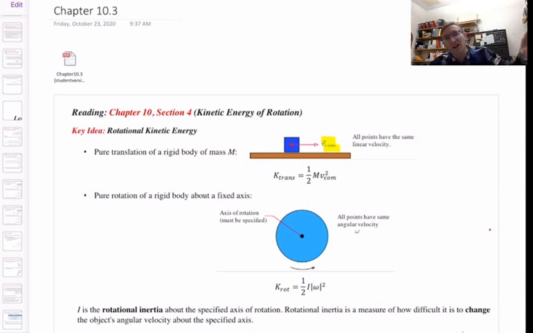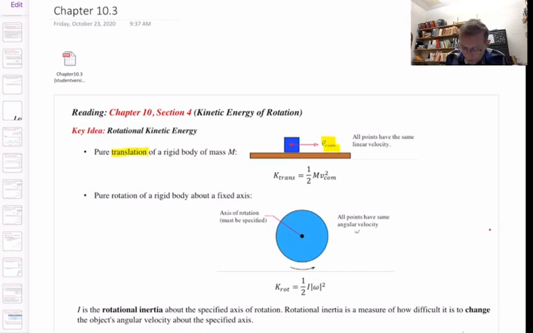Now this block just sliding along a line, that's what you call linear motion, right? That's what we have been doing up through chapter 9. Here's a new word for that, by the way. Linear motion, where the object is just moving through space, is called translation, because in physics, to translate through space means to move.